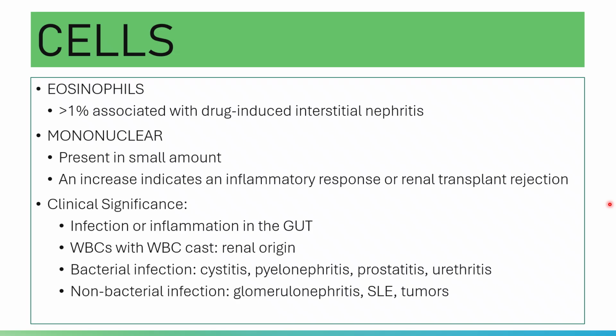The presence of greater than 1% eosinophils in the urine is associated with drug-induced interstitial nephritis. Bilobed eosinophils may be noted in patients with tubulointerstitial disease, which is associated with hypersensitivity to drugs like penicillin and its analogs.